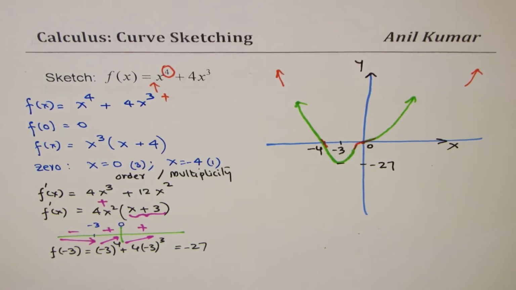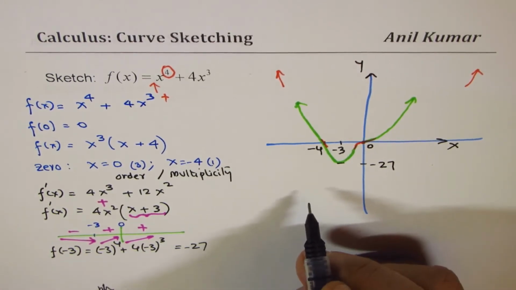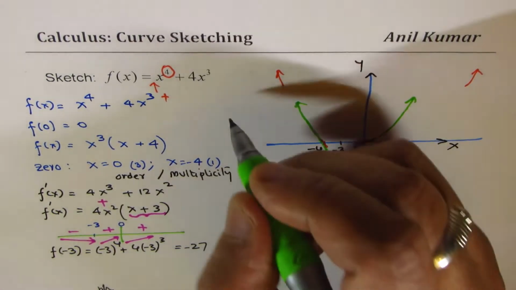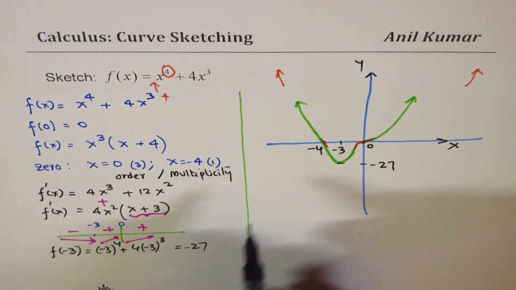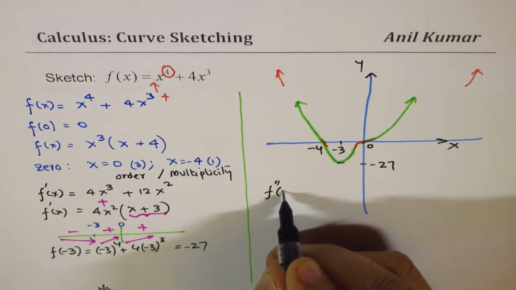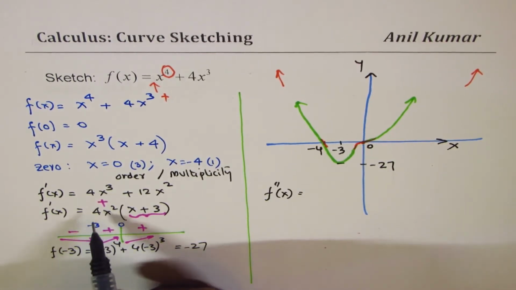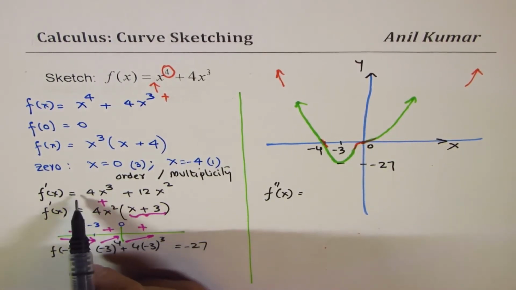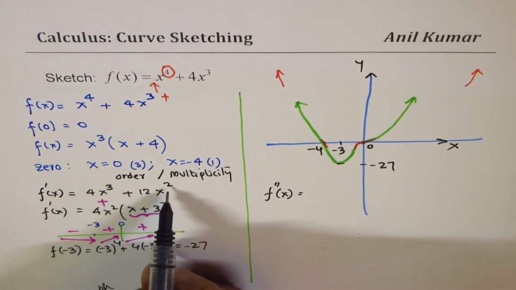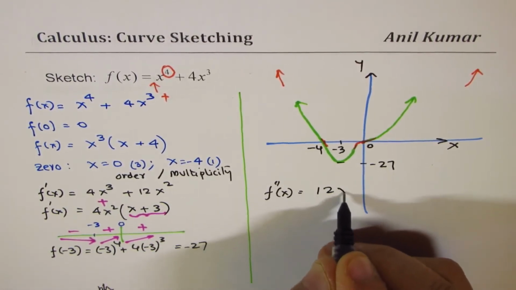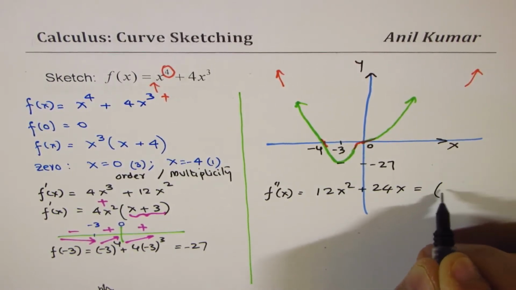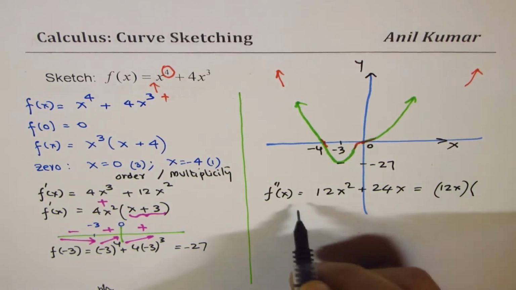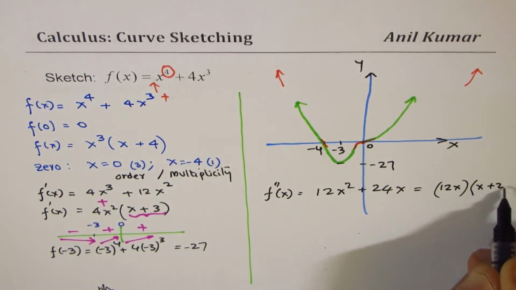Do you see that? With this, you exactly know the graph, but depending on the other criteria of your test paper, you could go for the second derivative, but it is not essential. Do you see that? The first derivative is 4x cubed plus 12x squared. The second will be 12x squared plus 24x, which could be written, if I take 12x common, as x plus 2.